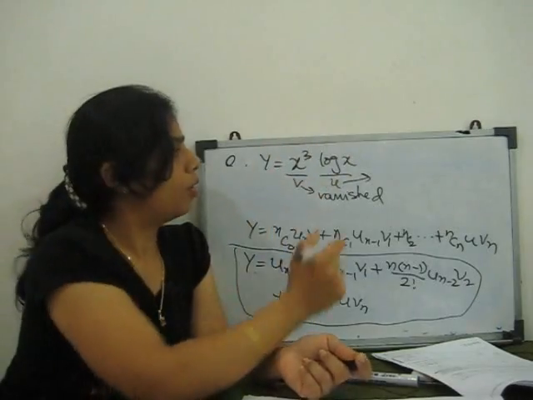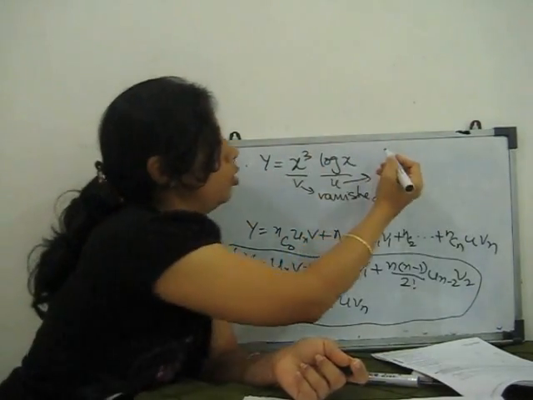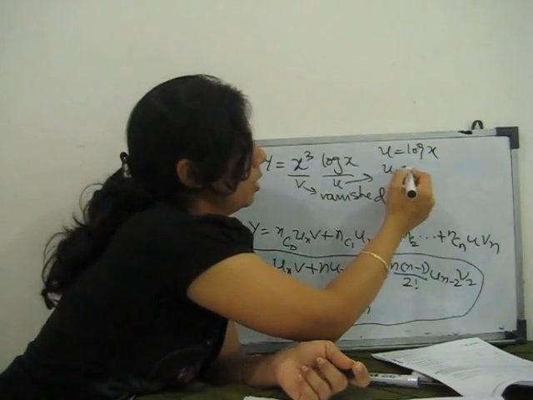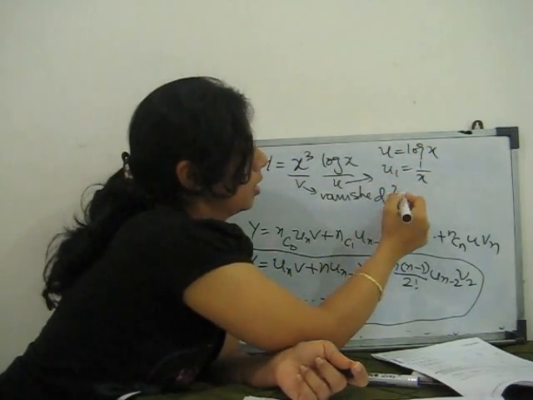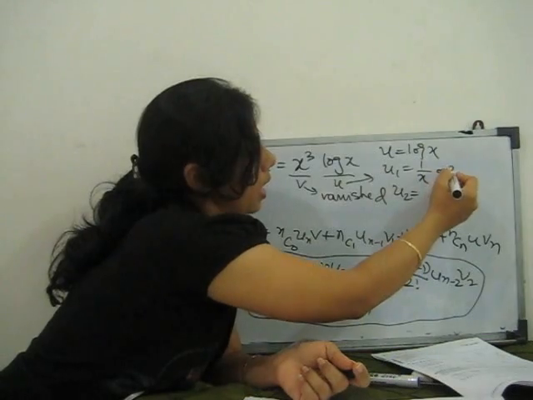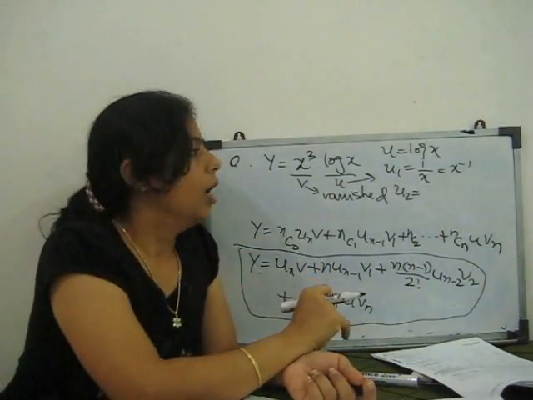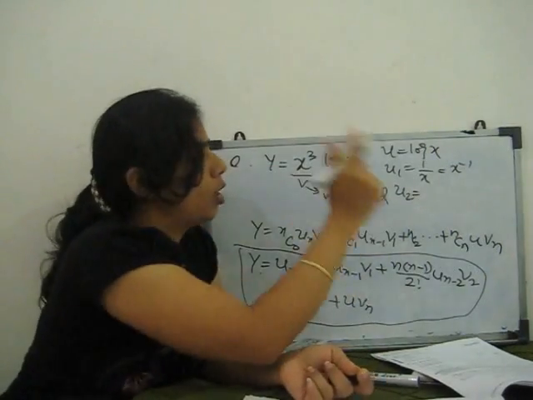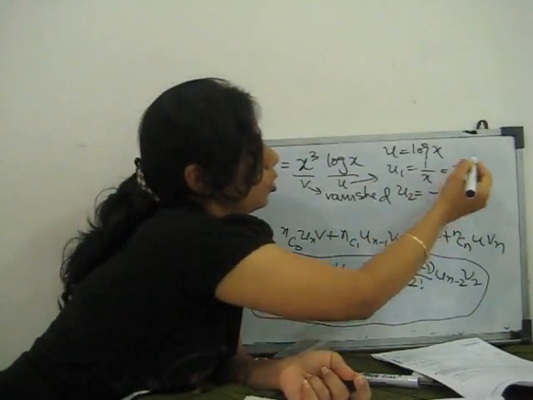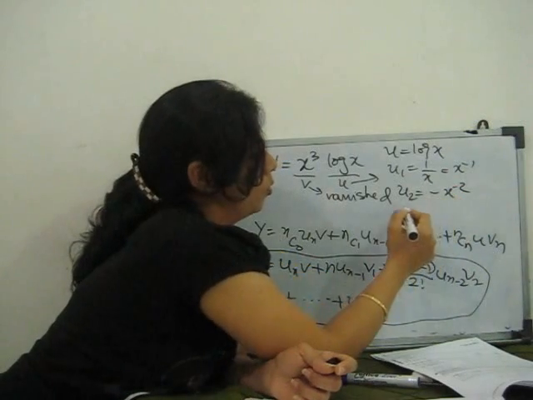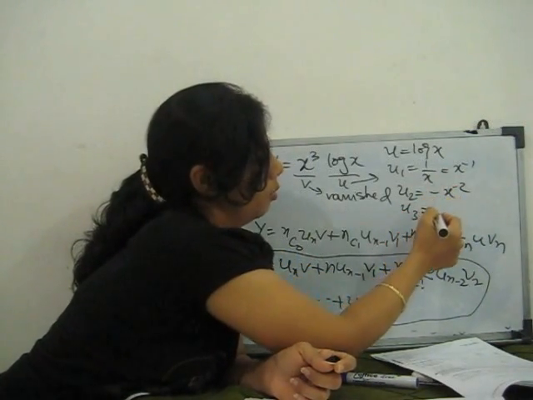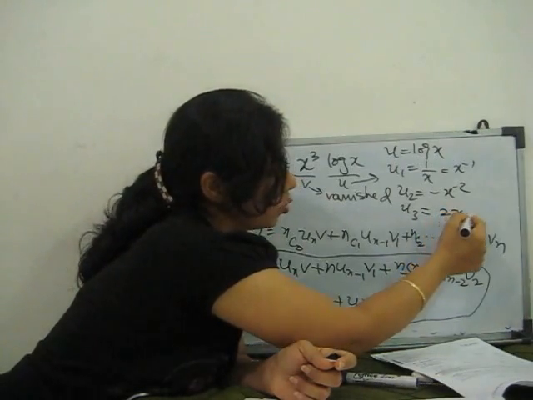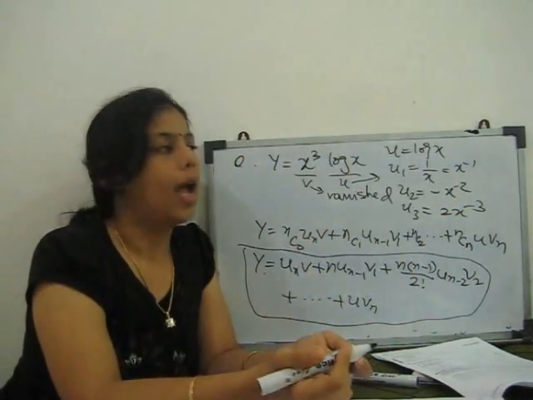Now separately we have to find out, if u is equal to log x, then u1 is equal to 1 by x, then u2, from 1 by x meaning x to the power minus 1, is minus x to the power minus 2. u3 is again minus minus plus 2x to the power minus 3 and so on.